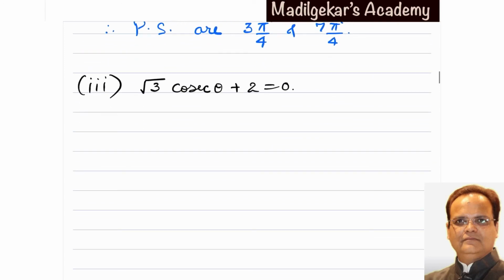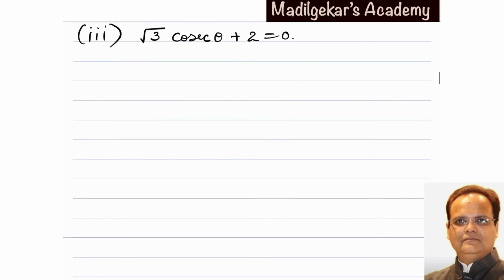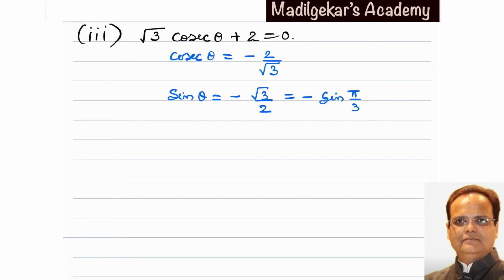Now the next, third one, is root 3 cosec theta plus 2 equals 0. You can write this as cosec theta equals minus 2 by root 3. You can convert it into sine theta. So sine theta will be minus root 3 by 2, means minus sine of pi by 3.